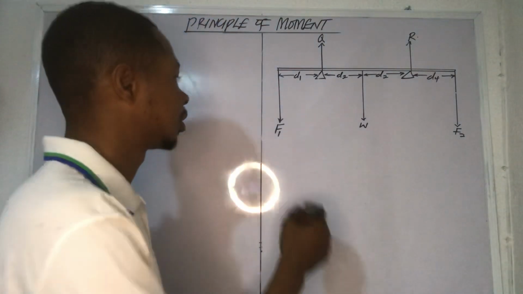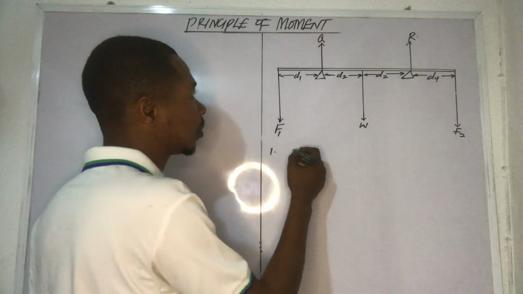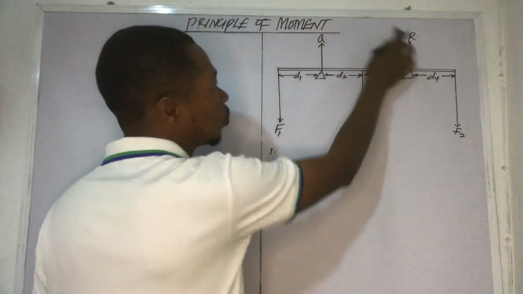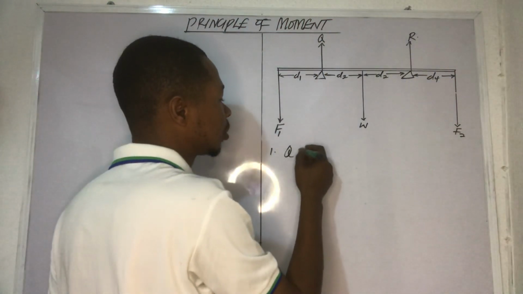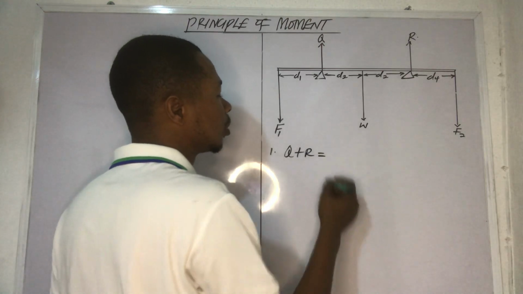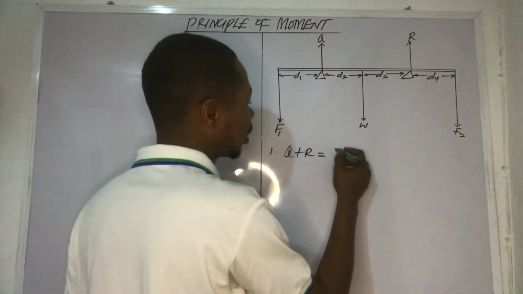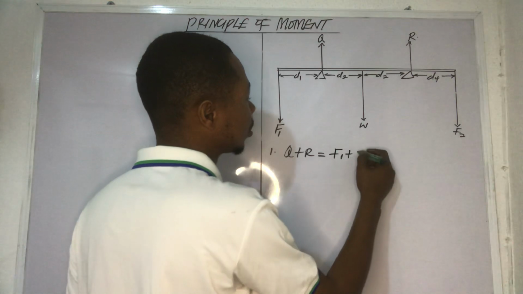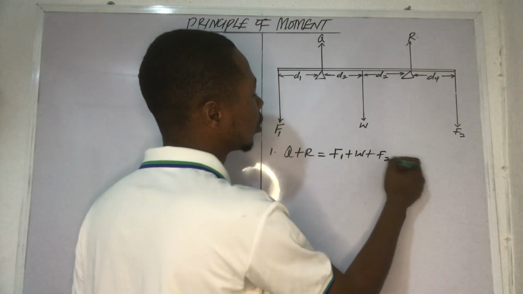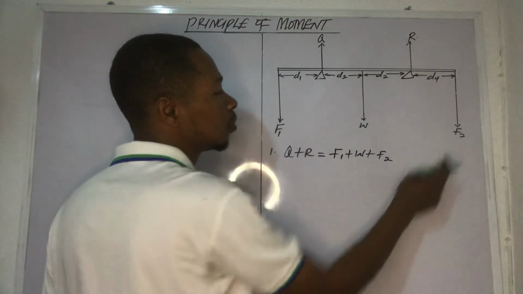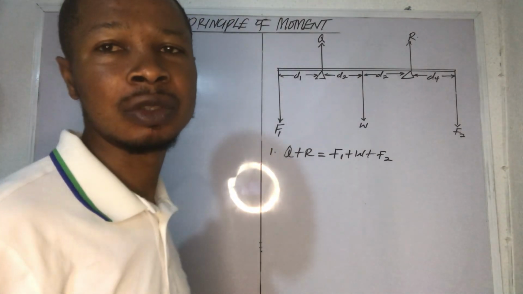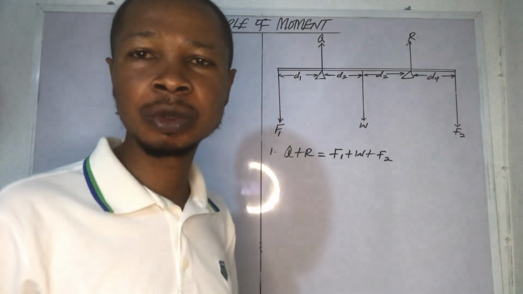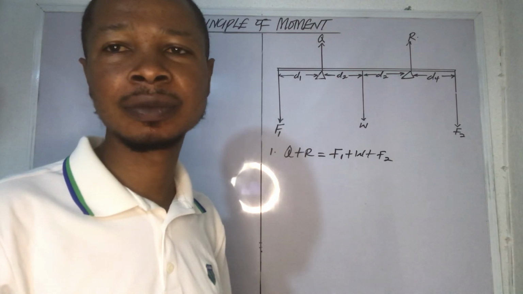That means the upward forces are these two forces, so the sum Q plus R is equal to the downward forces, that's F1 plus W plus F2. The sum of upward forces must be equal to the sum of downward forces.